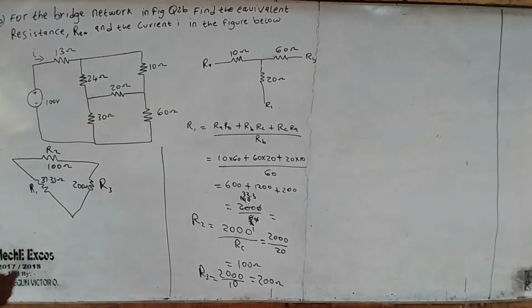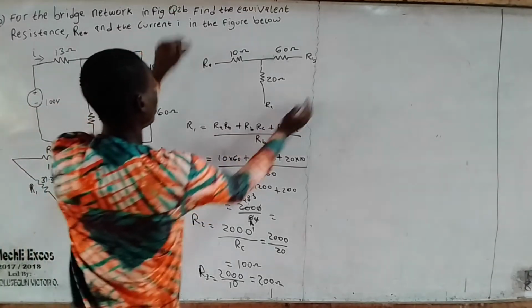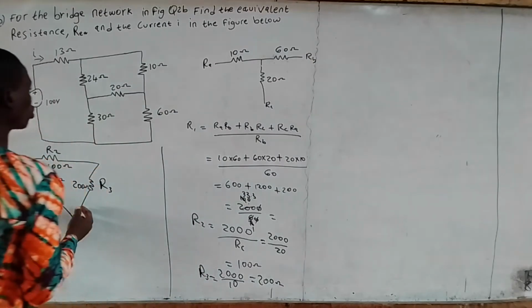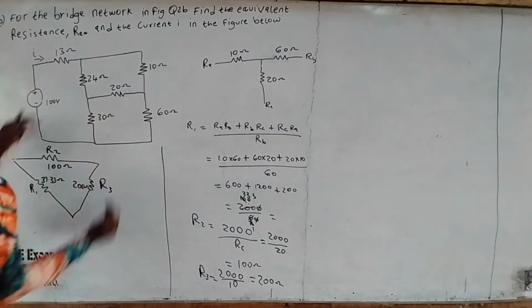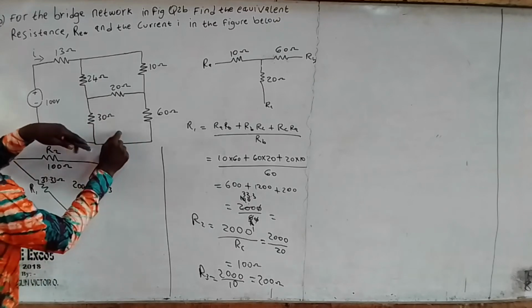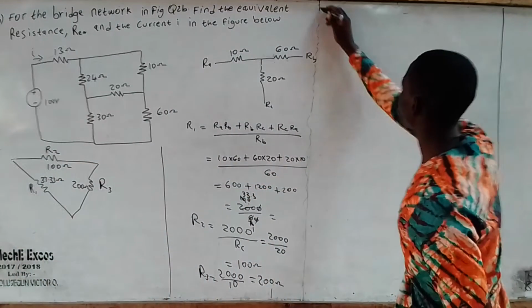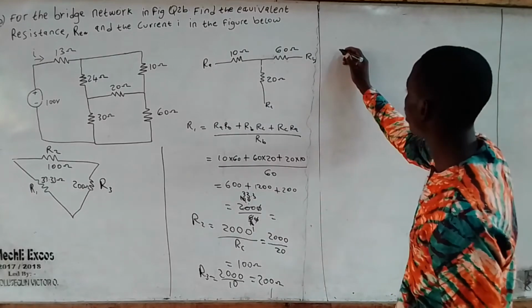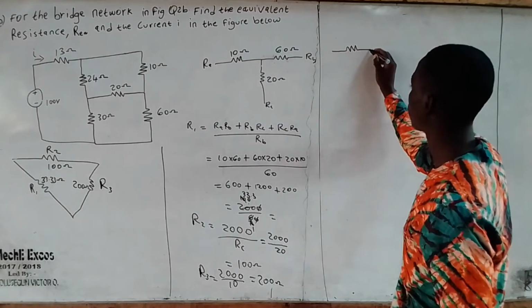Okay, from here now, you know what we did here was that it was like this, we made it straight. Now, from this point to that, it was like this before, we made it straight, so I'm going to bend it back. So I'm going to return this circuit back, and while we're doing that, I'm going to redraw it here, exactly at this point. We have that to be like this.